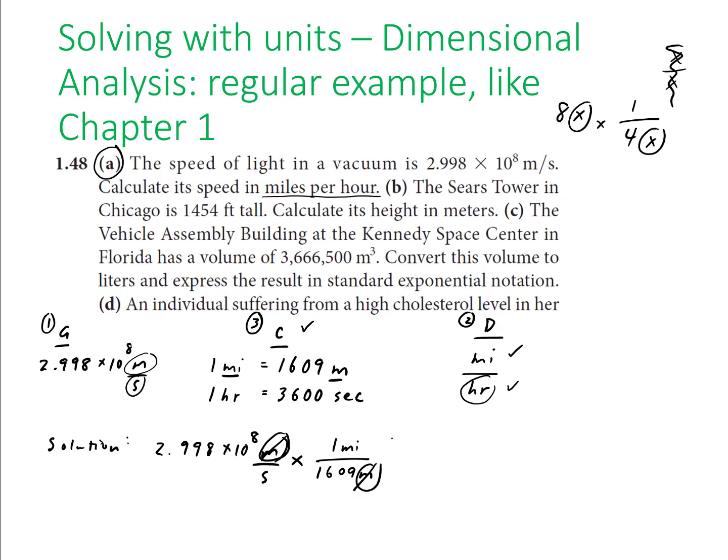But this says to go all the way to hours. So now I want to make it say hours on the bottom, so I need to put seconds on top right here. I'm going to take this unit and write it on top. So I'm going to write 3,600 seconds so that the seconds cancel with that seconds there.